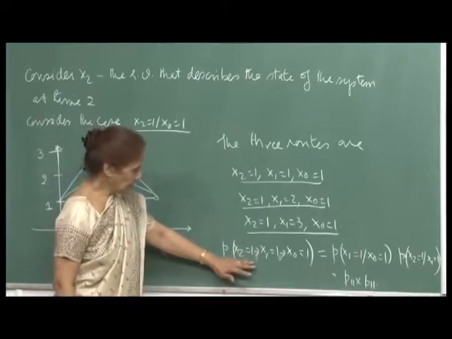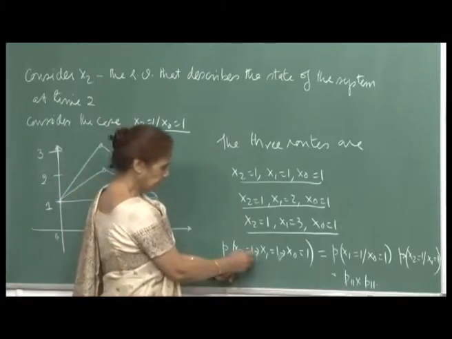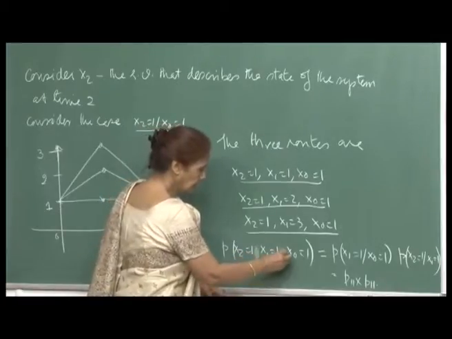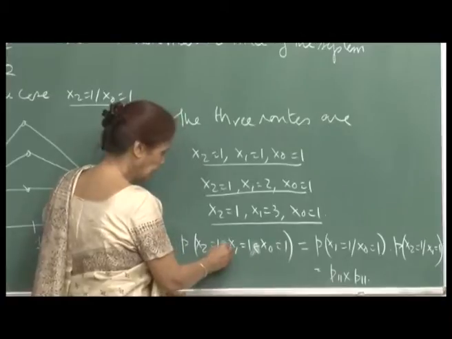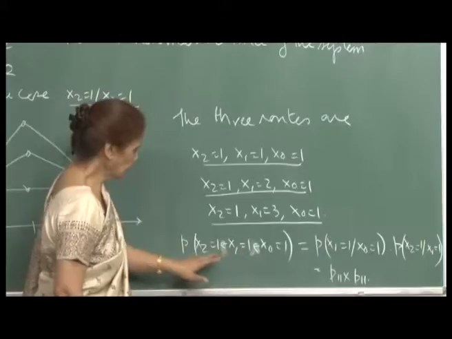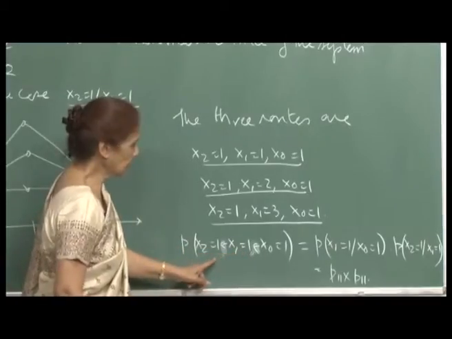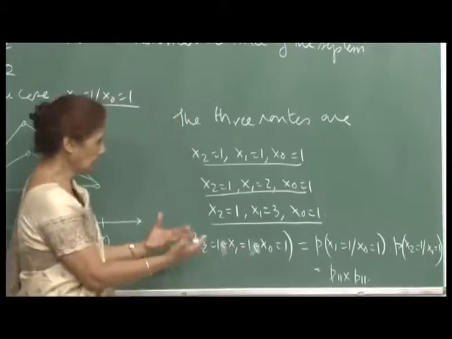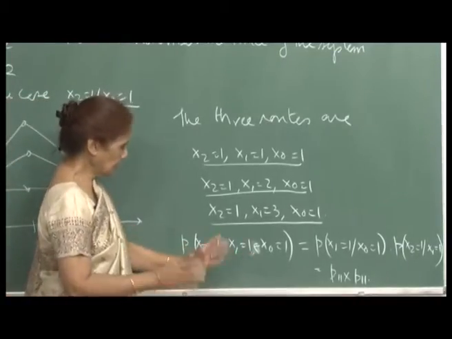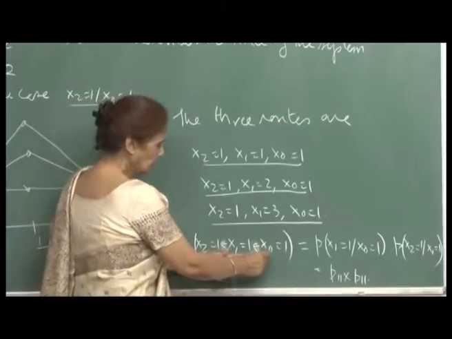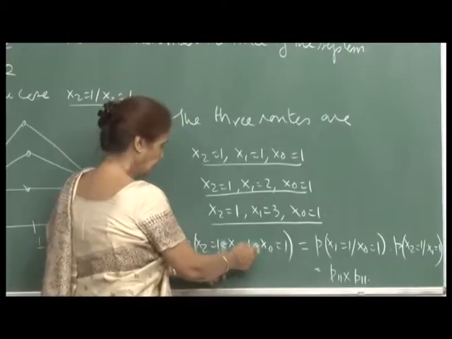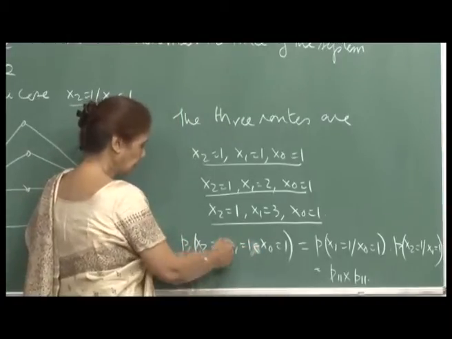If you look at the probability of X2, here the arrows are in the wrong direction. It should be X0 to X1 and then X1 to X2. You start from here, then you transition to production, and again you transition to production from the first period to the second period. Since the Markovian property tells us that we just need one step transition probabilities, that means the transition from X0 = 1 to 1, and then in the second period from 1 to 1.